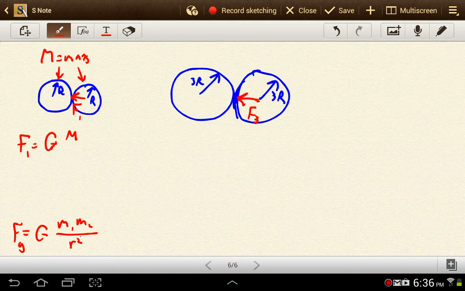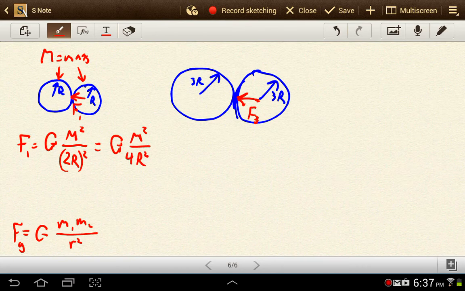Conveniently these are both the same mass, so we can make M1 M2 into M squared. And the distance between their centers is R to get from here to the point of contact and another R there, so it's 2R, quantity squared. So that's G M squared over 4R squared. That's your F1.